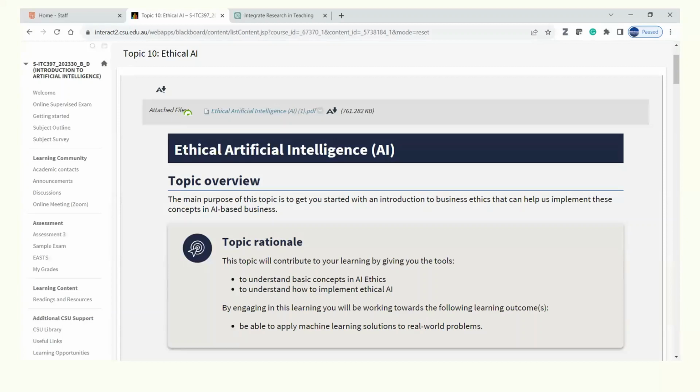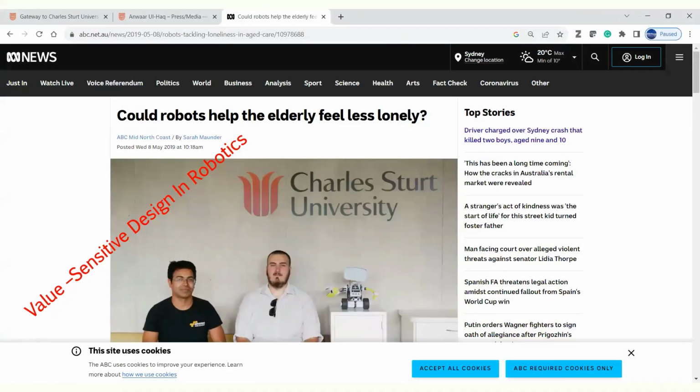Within this course, we explore the concept of ethical AI, and I have tried to incorporate 2 of the frameworks directly from my own research. One of these concepts is coming from value-sensitive design. That is the research work which I have done with one of my PhD students, and that was covered by ABC News.